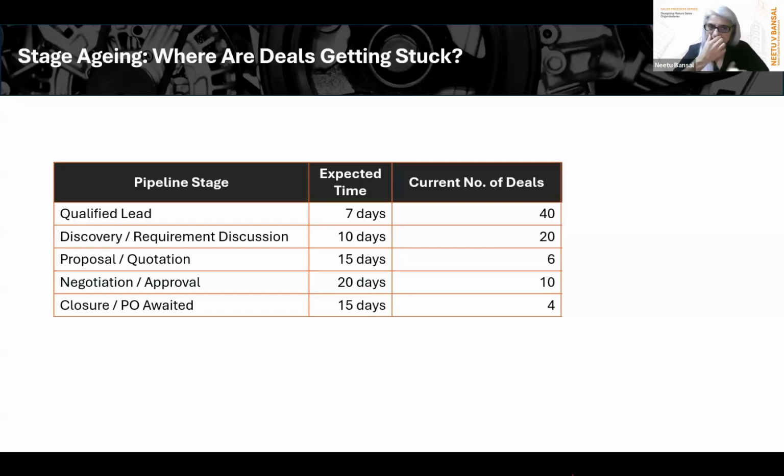So if you look at this, when the lead comes, it takes about 7 days for us to qualify. ठीक है, फिर from then it takes 10 days for us to discuss with the customer and get the correct scope of work that they want. Then it takes 15 days for us to send the proposal or the quotation to the customer. Then in the next 20 days we are sitting and negotiating, the to and fro happens, and then once the approval happens, the closure of the PO comes to us after 15 days, right?